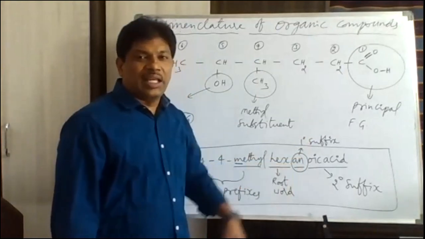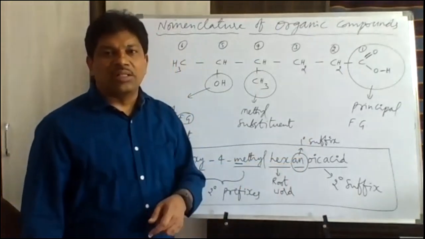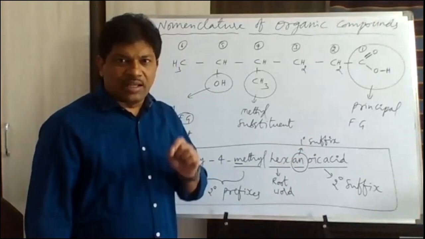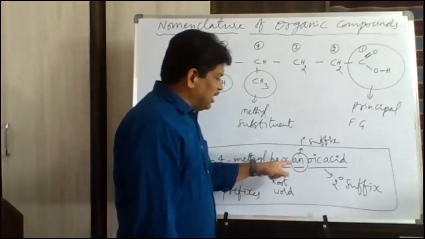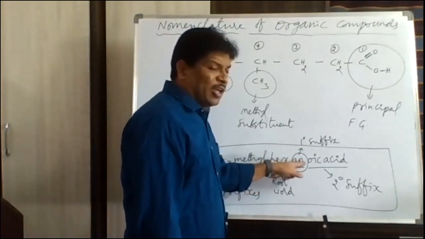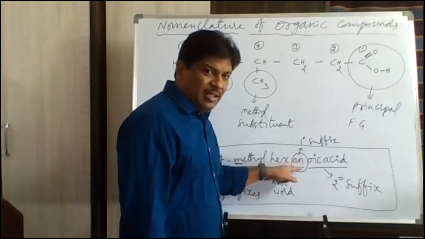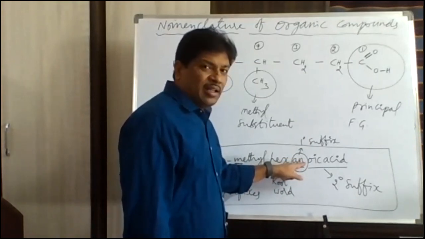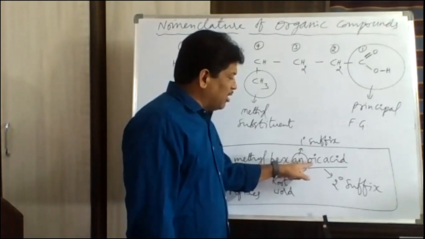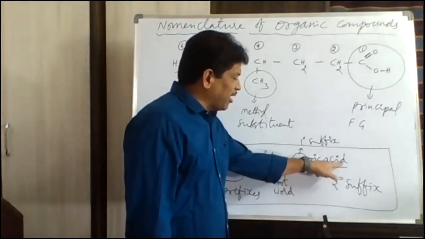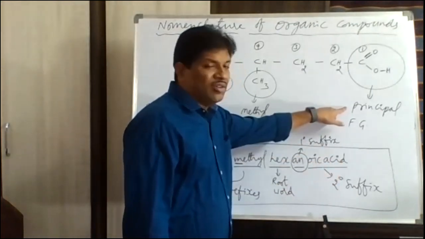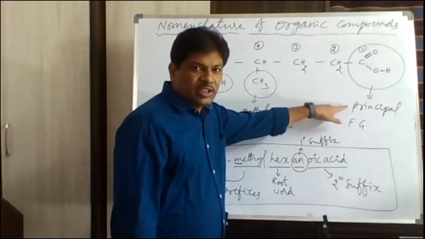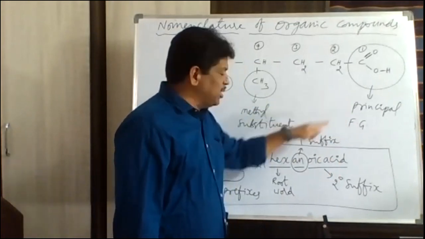Ane, an. Ane is generally the primary suffix. But here in ane, the E is not written. In ane, the letter E is dropped because of the secondary suffix name, that is oic acid, for this COOH functional group. The secondary suffix name is what?